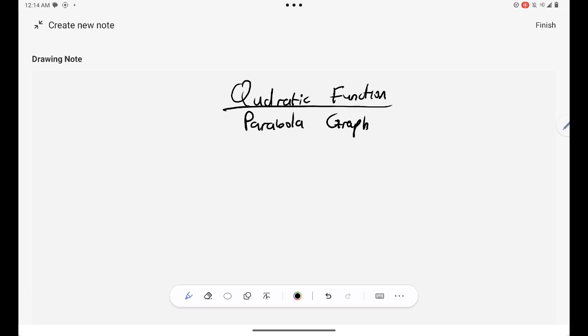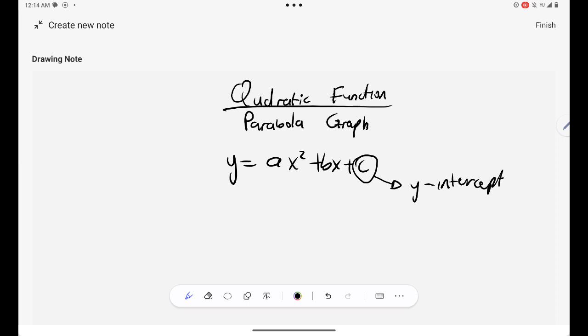A parabola graph is given by y is equal to ax squared plus bx plus c, where the value of c is just a constant term that doesn't have x and it indicates the y-intercept of our graph, and the value of a determines the shape of our graph, and then the value of b, we use it to find the turning point.